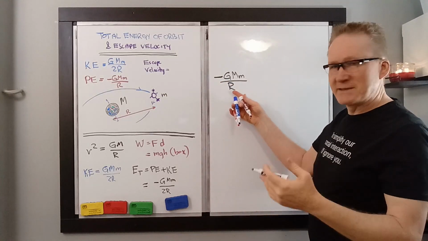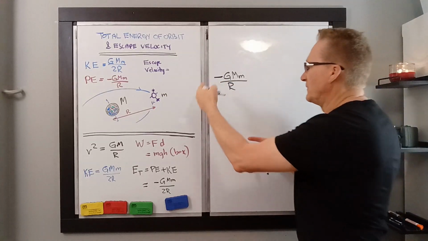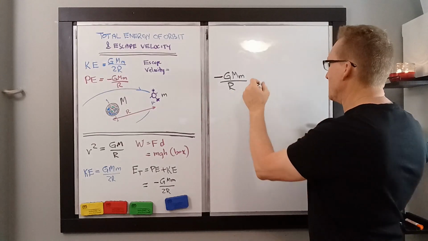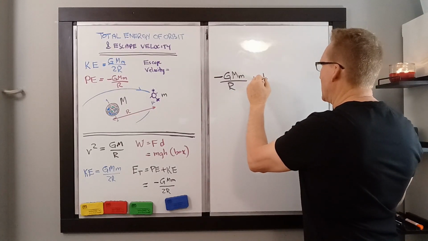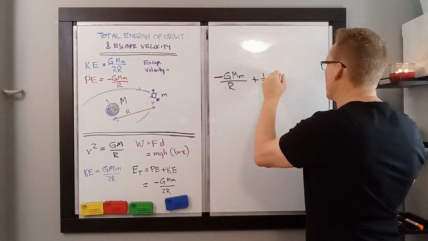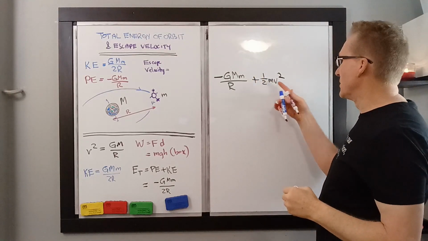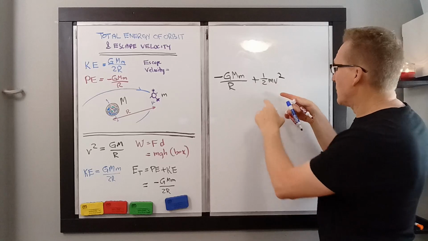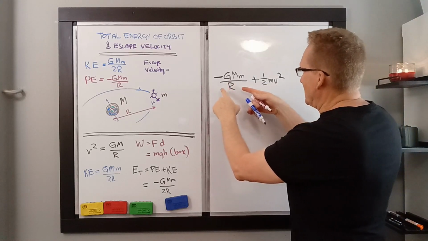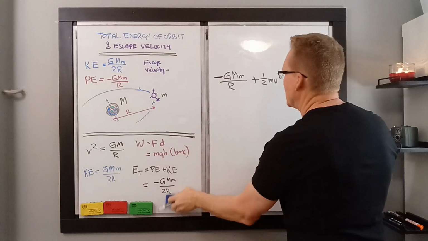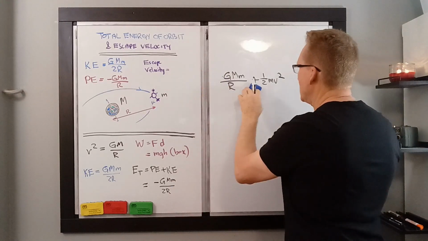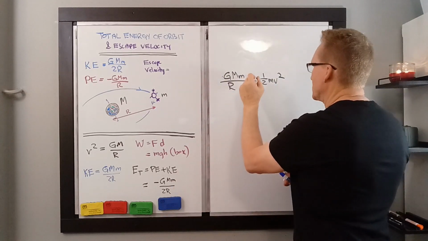And if you want this escaping all the way to infinity out here, we're going to have to add enough energy. So we're going to have to add plus 1/2 mv squared. We're going to have to add enough energy here to make this equal to 0. Or this energy is going to have to be equal to this one, because we just take this to the other side and make it positive. So I can erase that and make this an equal sign.